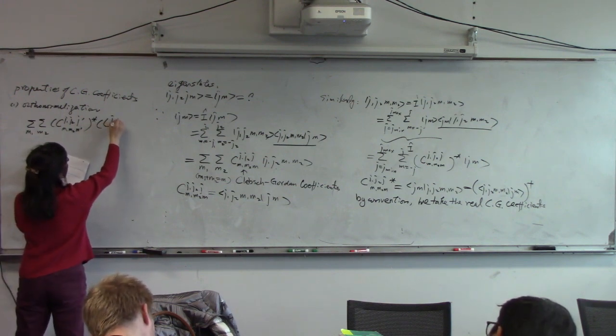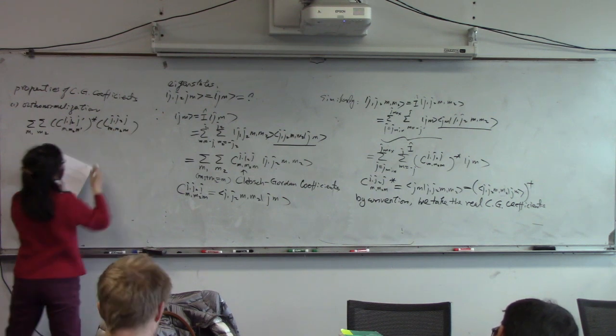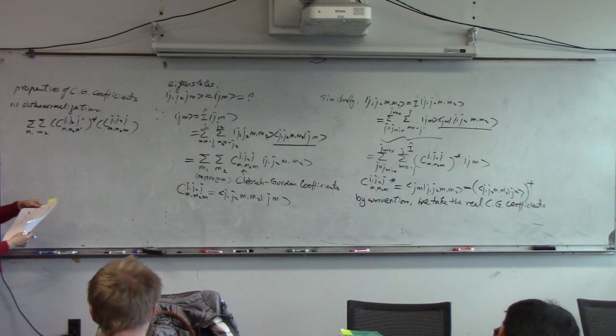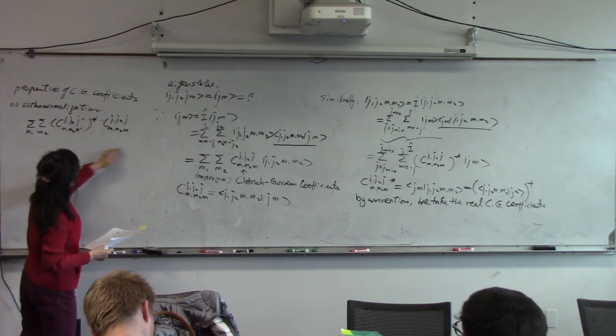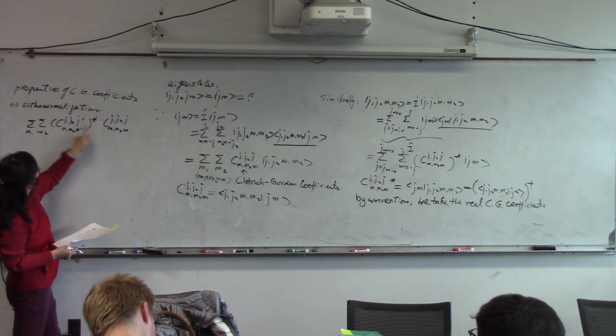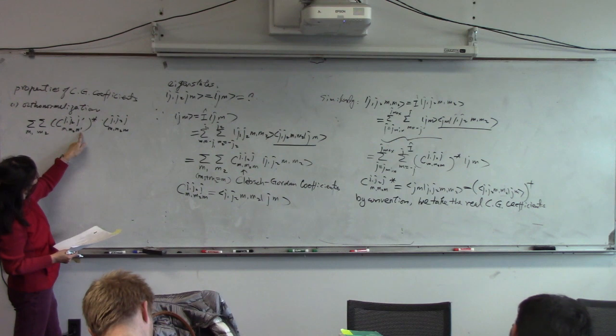C, G1, G2, G, M1, M2, M. So this is the summation over all the Clebsch-Gordan coefficients for given G1, G2, and M1, M2, but different G and M values. So we sum over all.